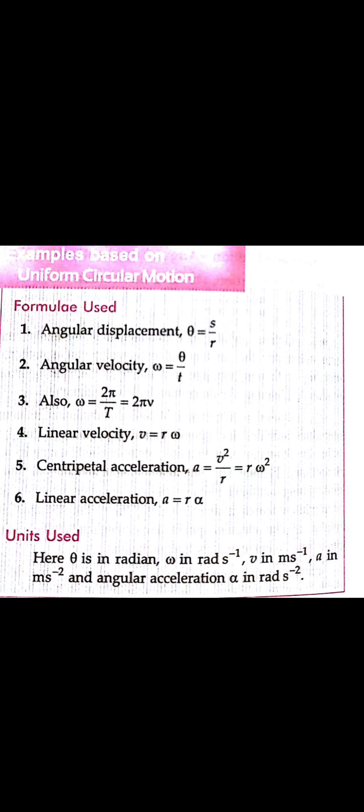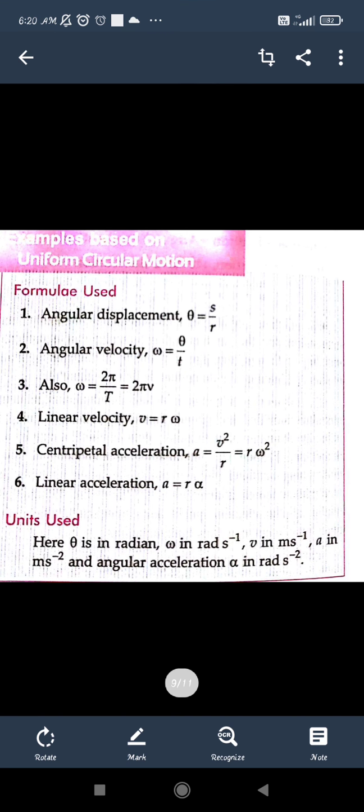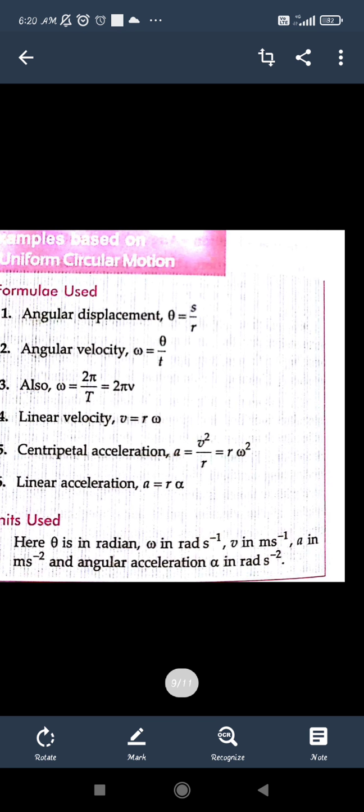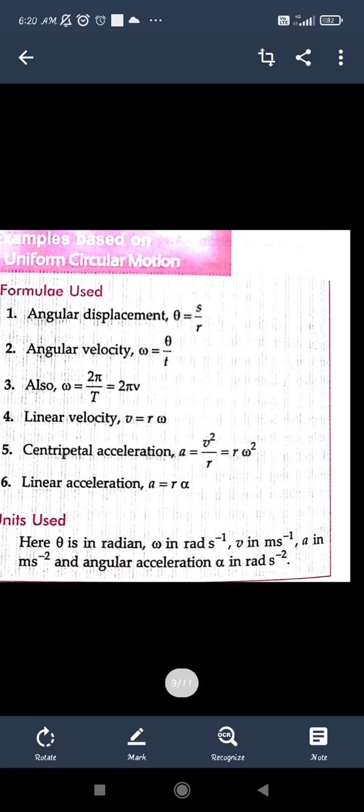The relationship between angular and linear velocity is v is equal to omega r. Centripetal acceleration a is given by omega squared r, and linear acceleration a is given by alpha into r. So these were the relationships between the angular and the linear quantities.